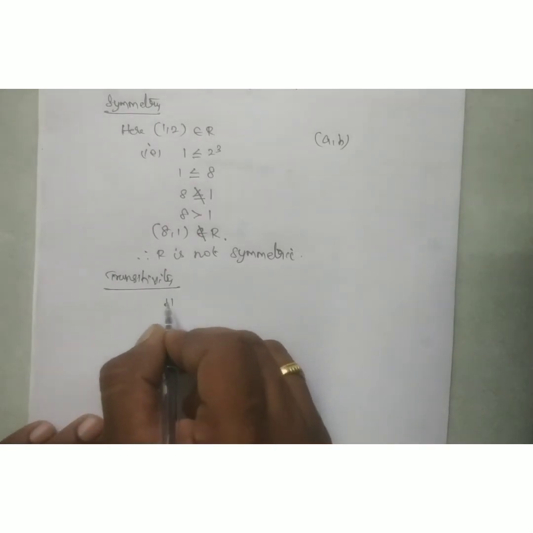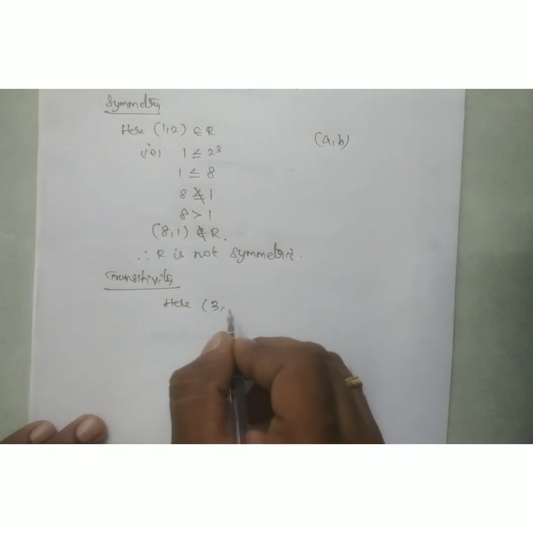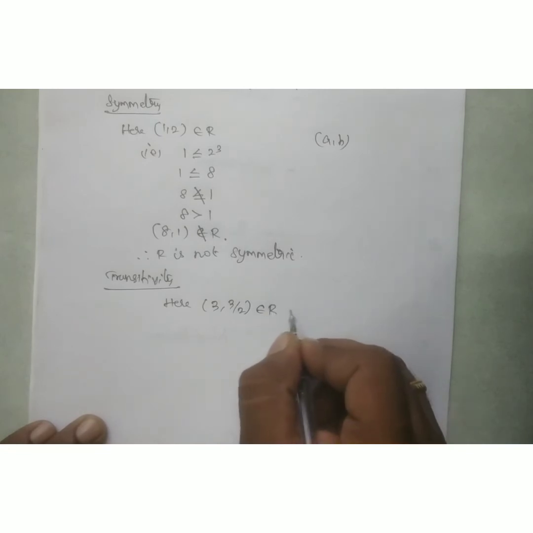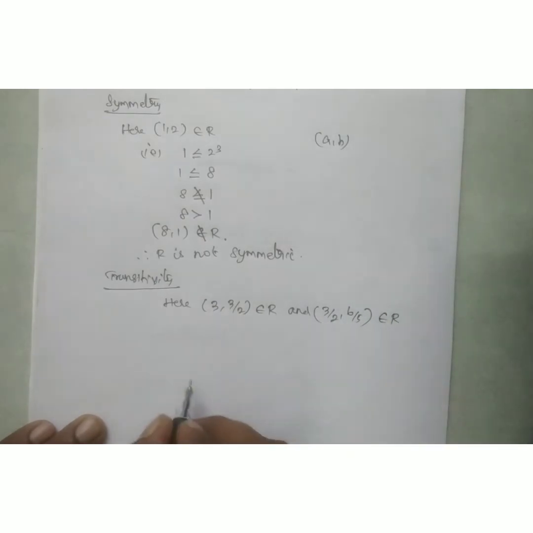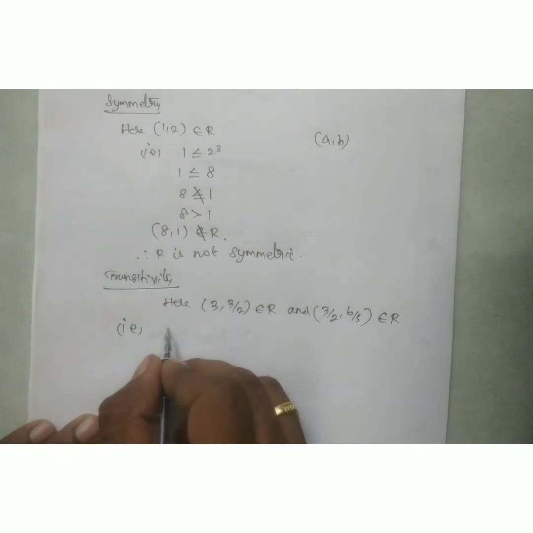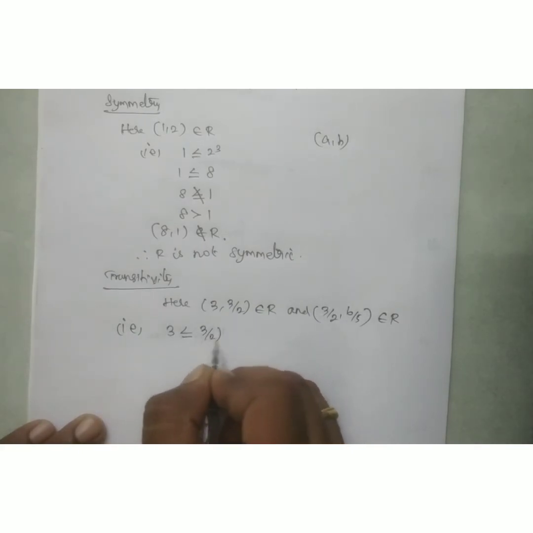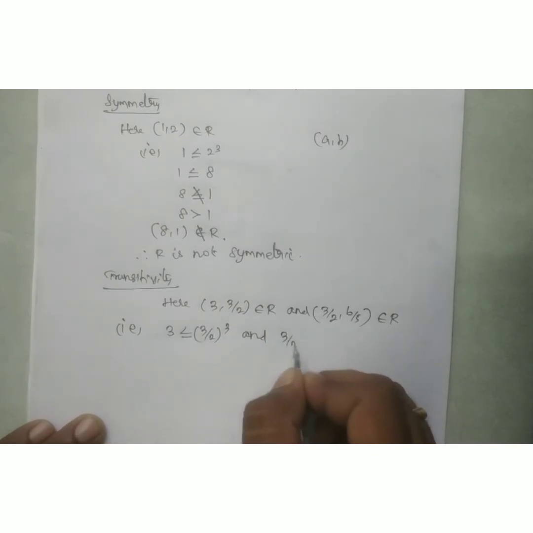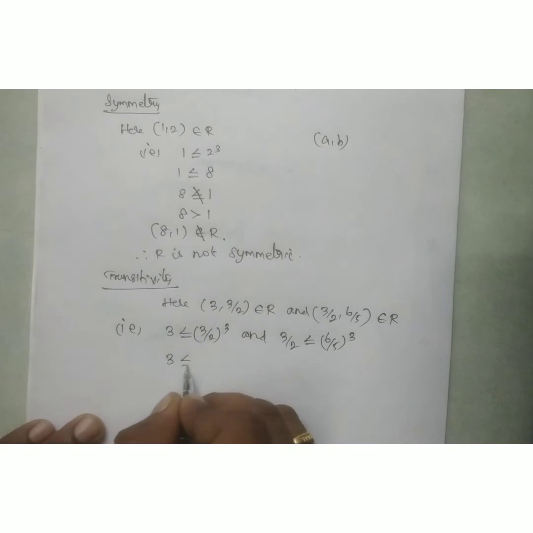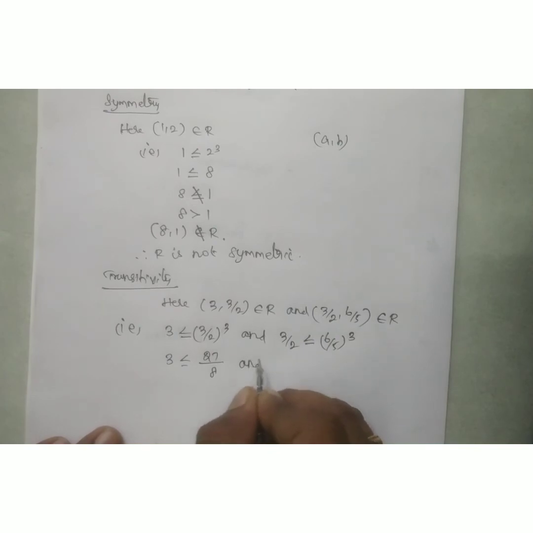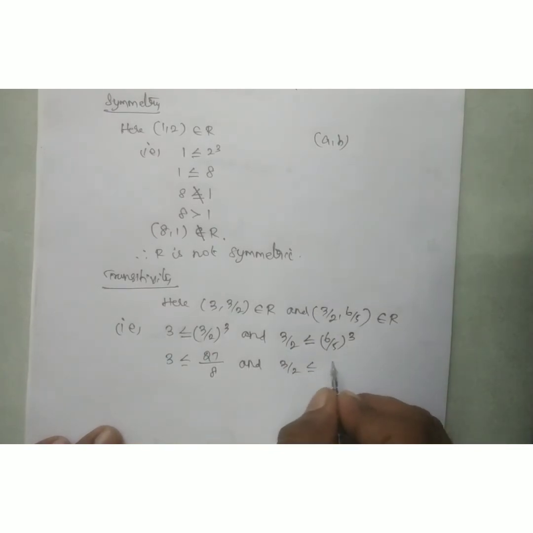So I am taking two ordered pairs. 3 comma 3 by 2 belongs to R, and 3 by 2 comma 6 by 5 also belongs to R. That is, 3 is less than or equal to 3 by 2 cube, which is 27 by 8, true, and 3 by 2 is less than or equal to 6 by 5 cube, which is 216 divided by 125. Here also it is true.